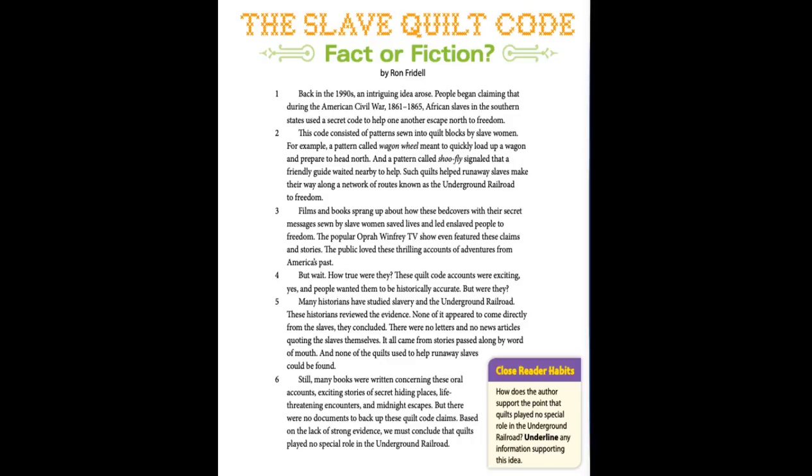Back in the 1990s, an intriguing idea arose. People began claiming that during the American Civil War, 1861 to 1865, African slaves in the southern states used a secret code to help one another escape north to freedom. This code consisted of patterns sewed into quilt blocks by slave women. For example, a pattern called wagon wheel meant to quickly load up a wagon and prepare to head north.